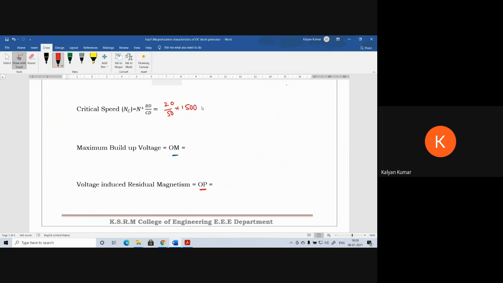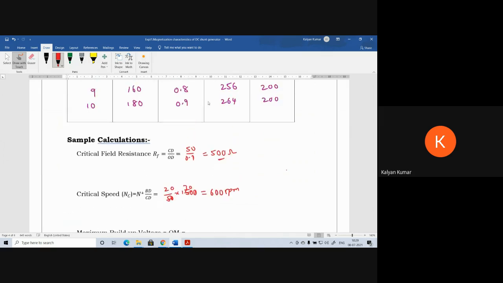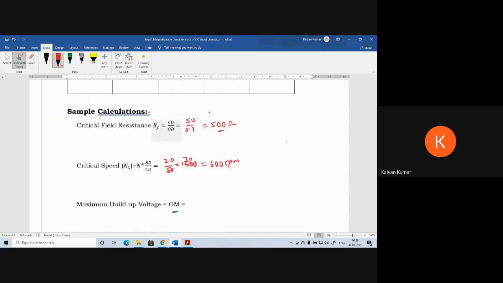We have taken readings at rated speed 1500. So 600 RPM will be the critical speed. These are sample calculations, not the exact values from the graph. Practically, if you draw the graph, the readings may differ. I am just giving you an idea of how to calculate. It's not the actual value.